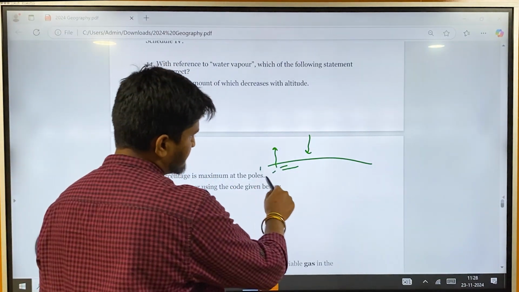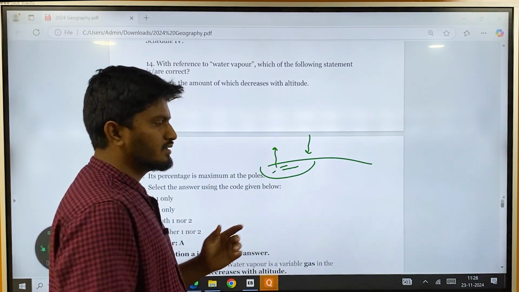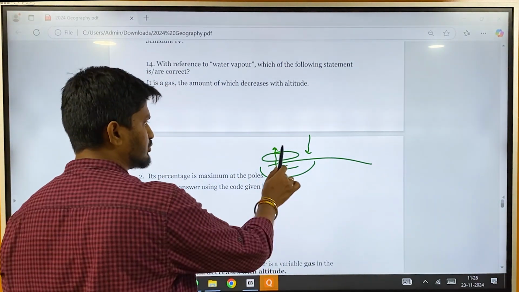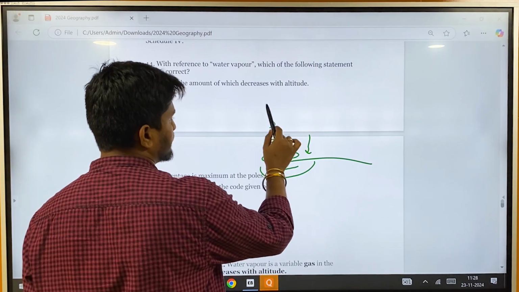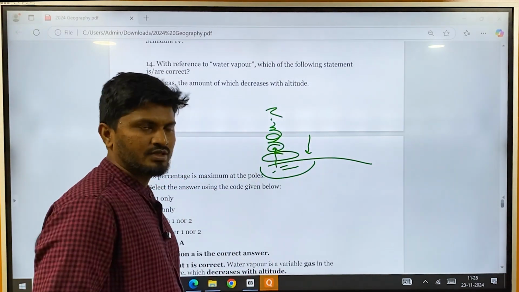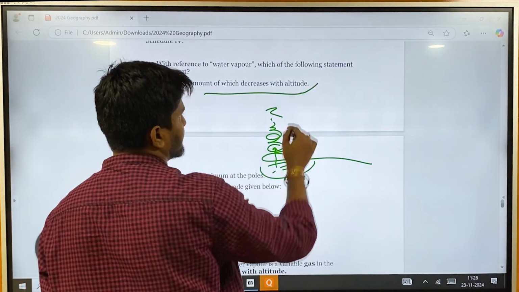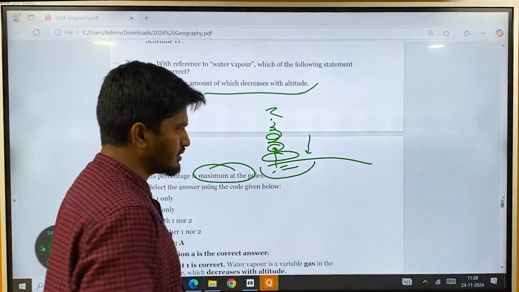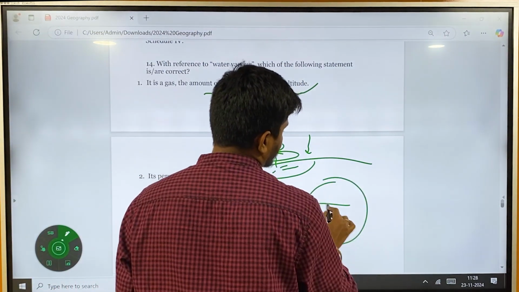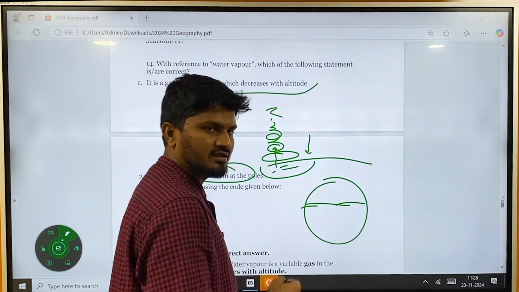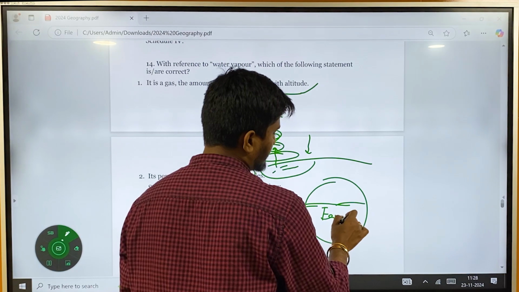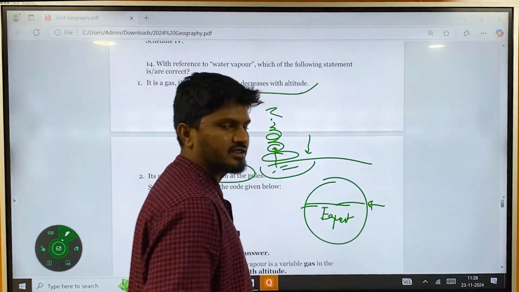So if this is the surface, wherever there is more water, the water vapor will be present near the surface. As we move towards higher altitudes, the water vapor content goes on decreasing. So the first statement is right, it goes on decreasing with the altitude. Second one is it is maximum at the poles. This is wrong, because if this is the earth, more water is present at the equator, and more heat is present at the equator.